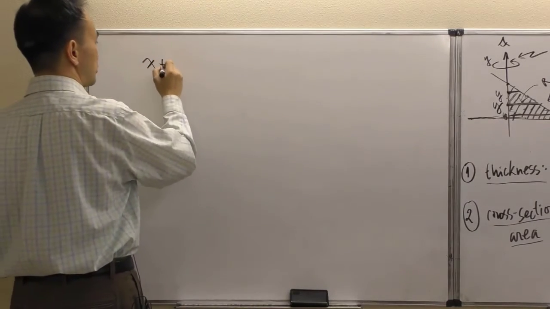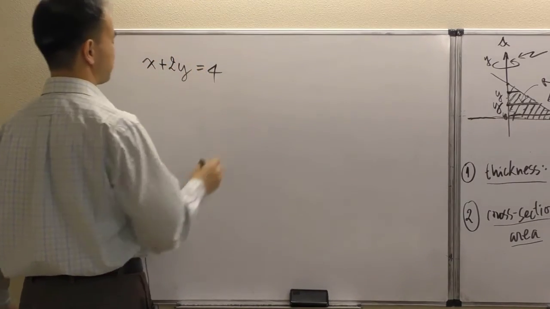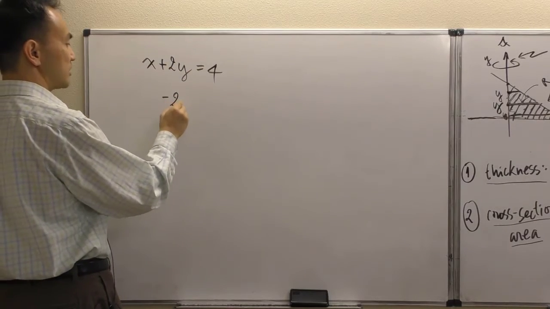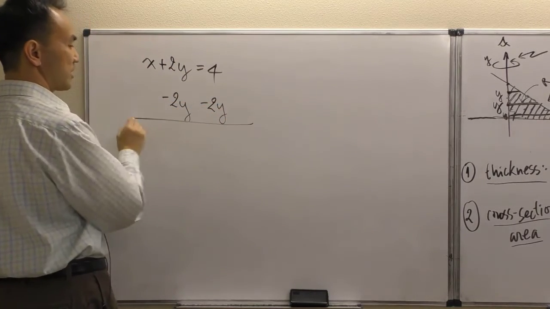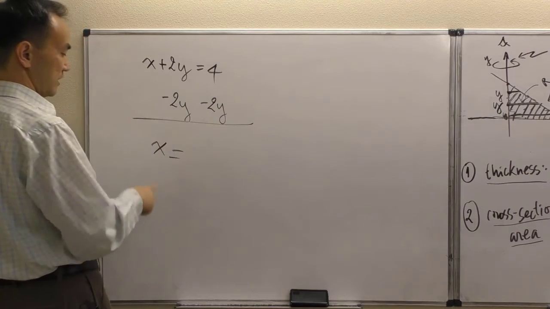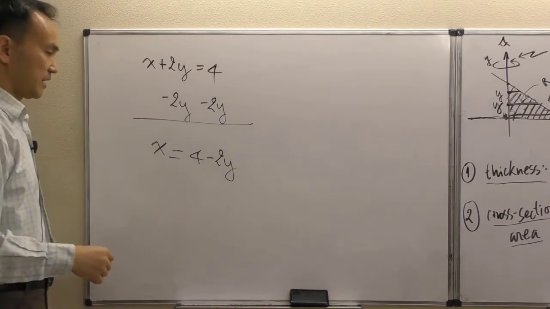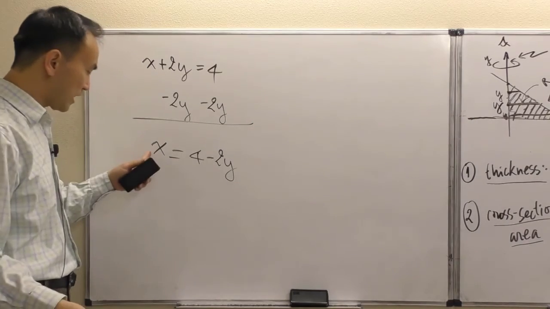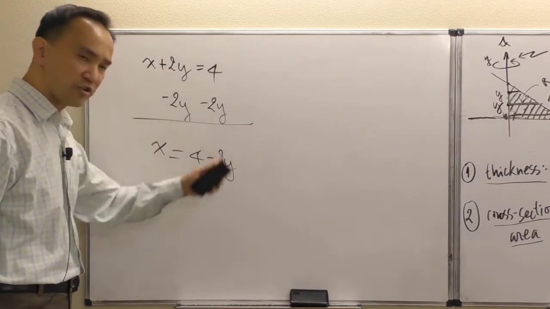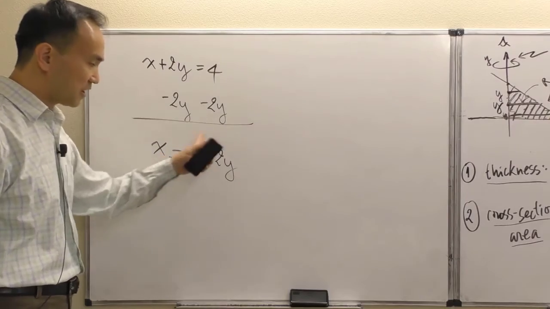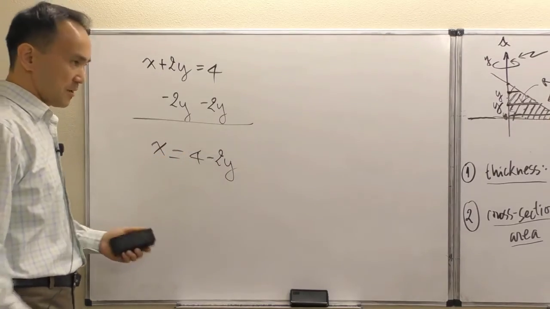So x plus 2y equals 4. I am going to subtract 2y from both sides algebraically, and that gives me x equals 4 minus 2y. Okay, and that is my final expression: one singular x variable equals an expression in terms of y. So this is now a function in terms of y.